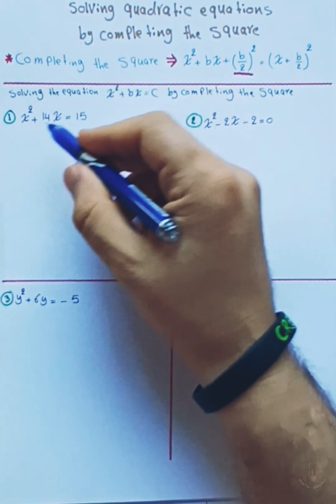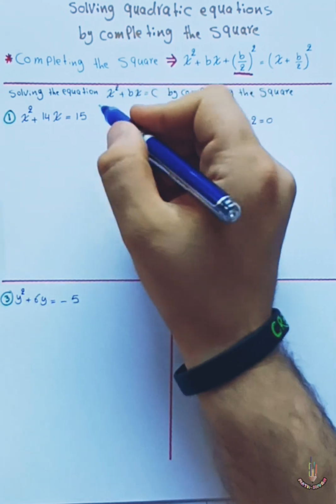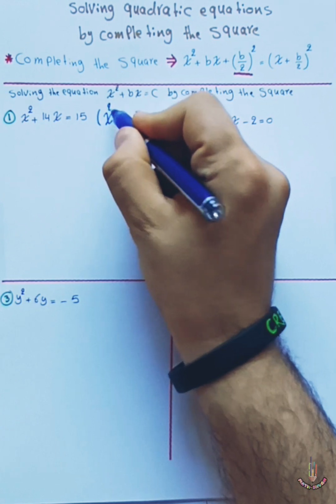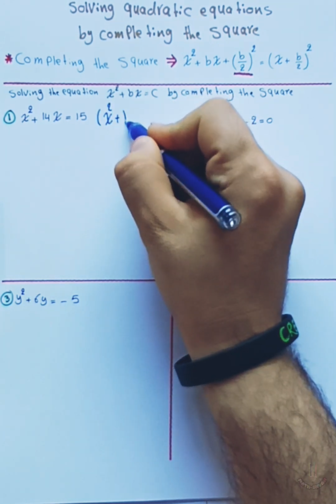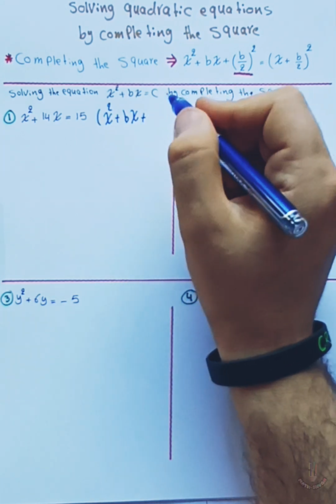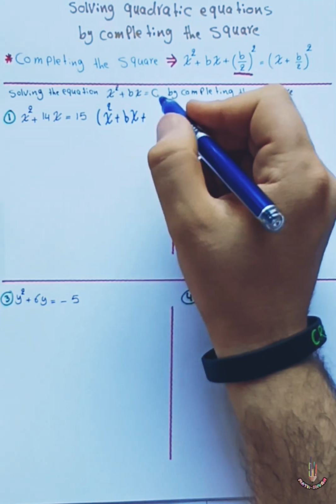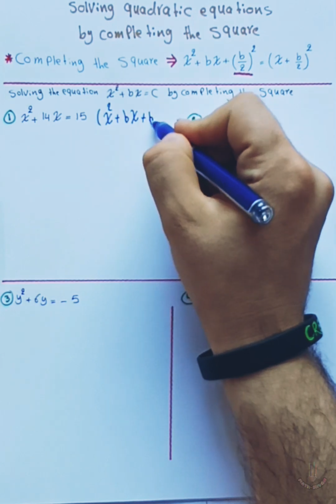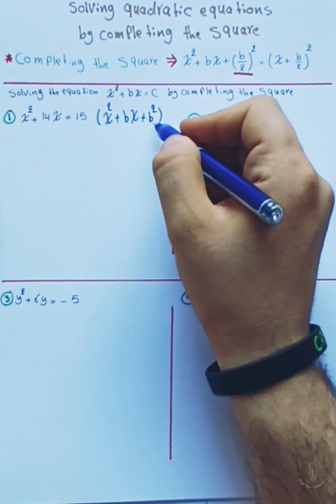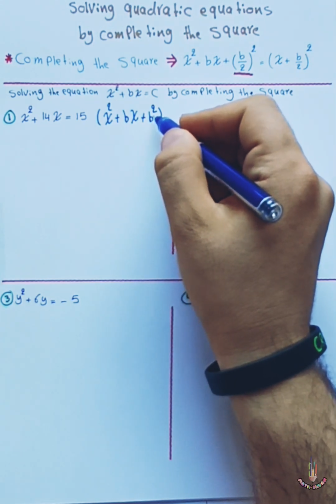So we have to make this expression the perfect square, x squared plus bx plus b squared. So we have to find the value for b squared.